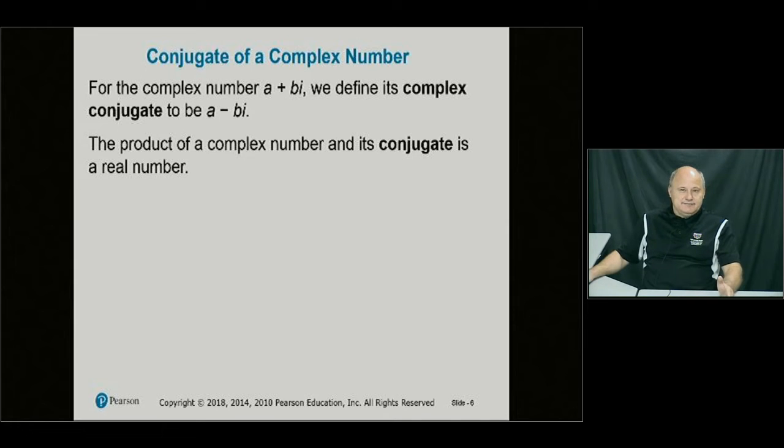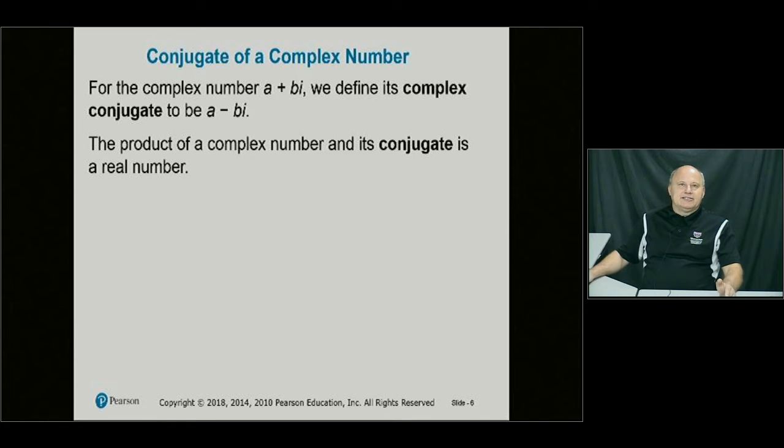The conjugate is only the opposite of the imaginary term, the bi. Remember, a is real, bi is the imaginary part of that complex number. The real part of it stays the same.